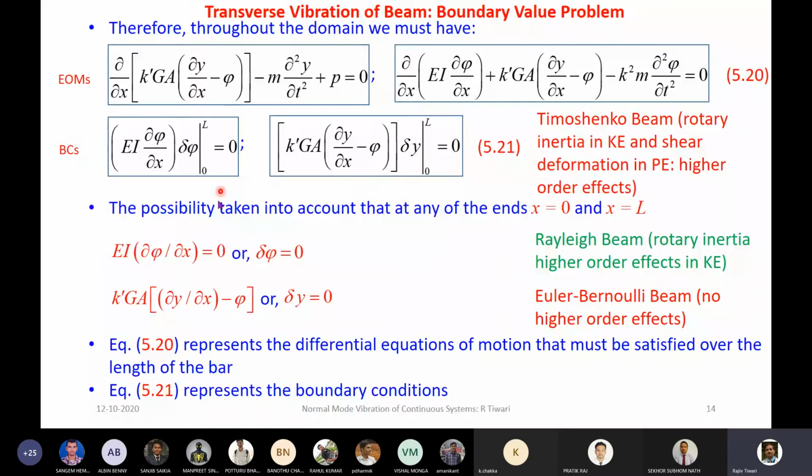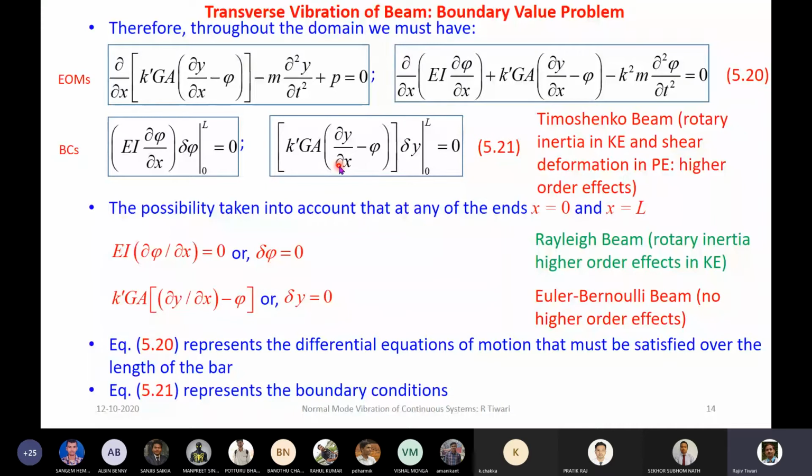So the boundary conditions we'll see in more detail in the subsequent slide. So when we solve these two differential equations, partial differential equations, we need to take care of these boundary conditions also, which is not there in the discrete system.